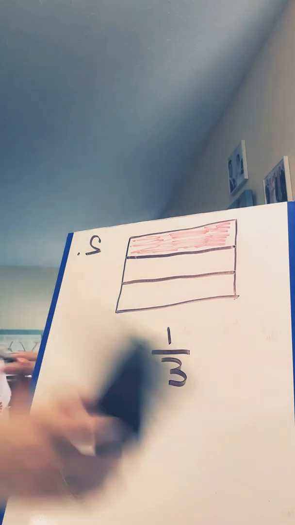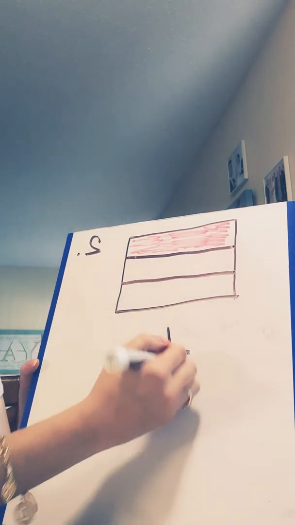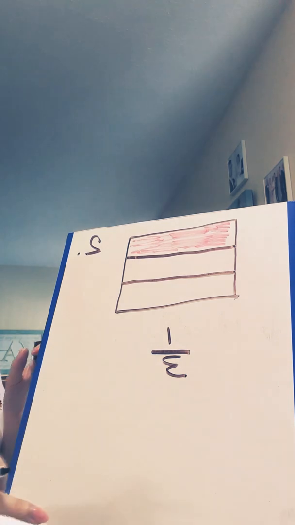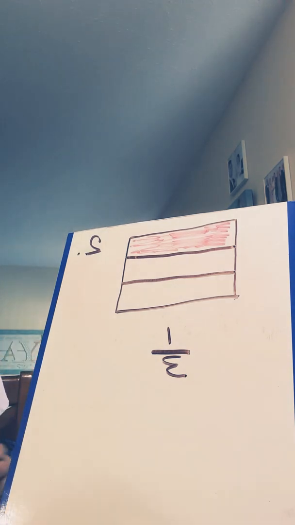Oh, and let me reverse this one for you guys. Hold on. I'm sorry. Practicing writing backwards here. Okay? Perfect. Now look what you're going to do. Now we're going to skip down to number 5. So we're not doing all of them. You did number 2. Now you're going to skip down to number 5. So number 5 says draw to show fourths. Color a fourth of the shape.